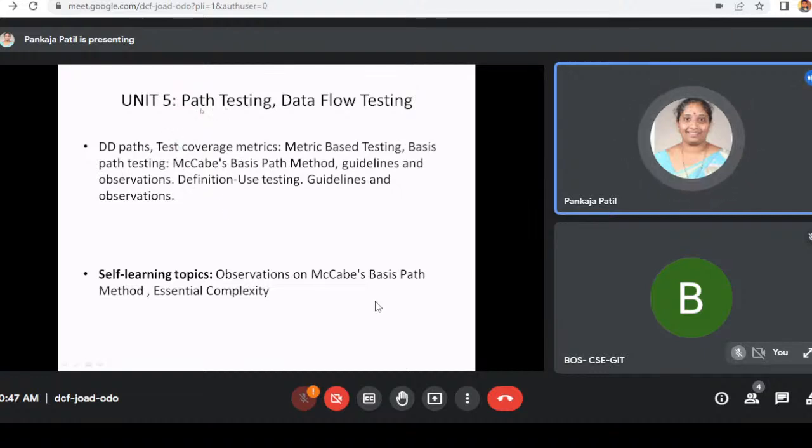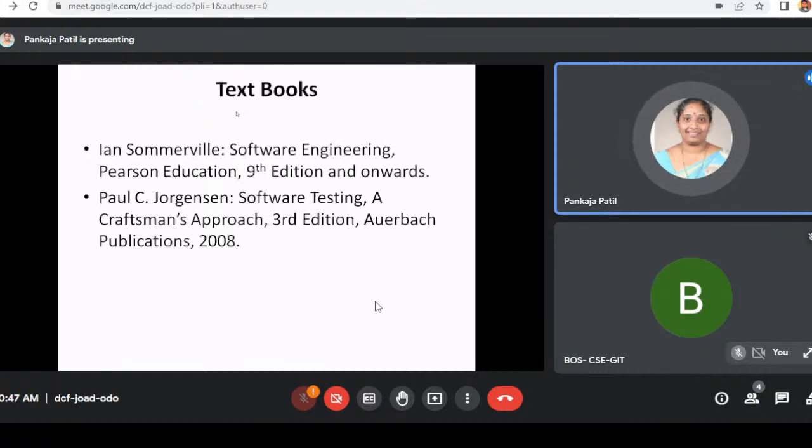fifth unit, and it covers path testing and data flow testing. So, if you write a program or a flow chart for the grading problem, it will have 3 to 4 paths. So how are you going to test each and every path? A path which leads towards S grade, a path which leads towards S plus, a path which leads towards A grade, B grade, and so on.